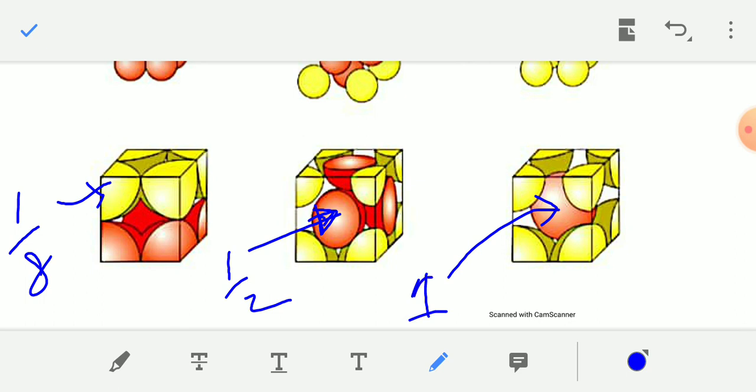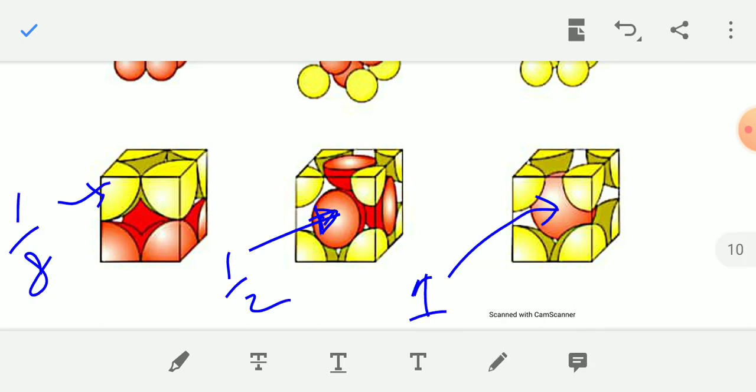So for each particle at the corner the contribution is 1 by 8, for each particle at the midpoint of each face the contribution is 1 by 2, and the particle at the body center is 1.